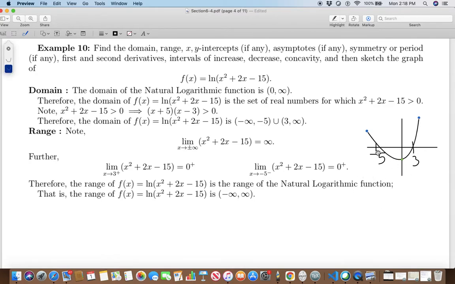You see what happens then. When x approaches 3 from the right, the value of the function approaches 0 from the right, from the top. That's all we are saying. Likewise, when x approaches negative 5 from the left, the parabola values come down from the top, so 0 from the right.